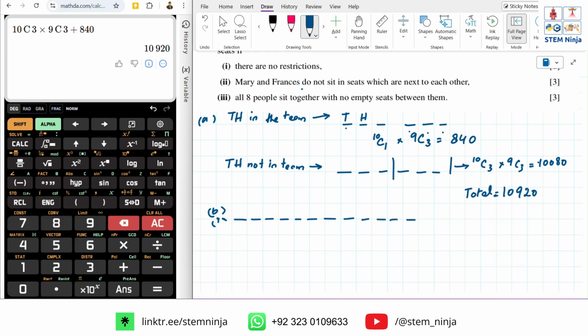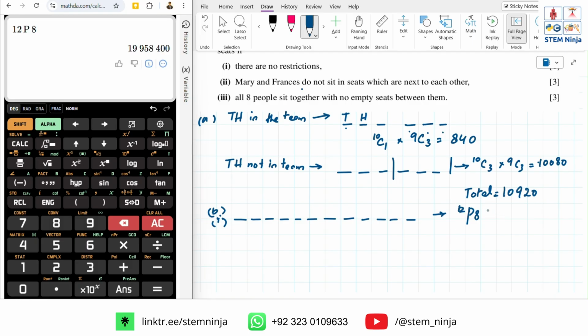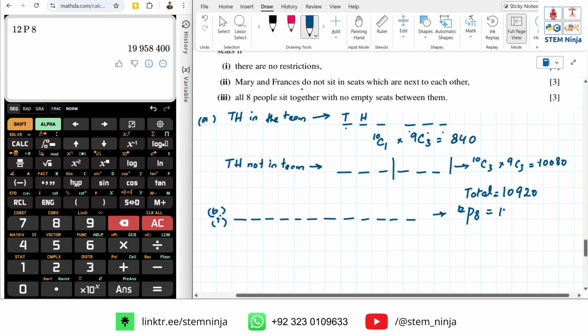Now there are no restrictions, but there are 8 people. So that means there are 12 possible places for 8 people. So this is just 12P8. No brainer basically. So 9,979,200.